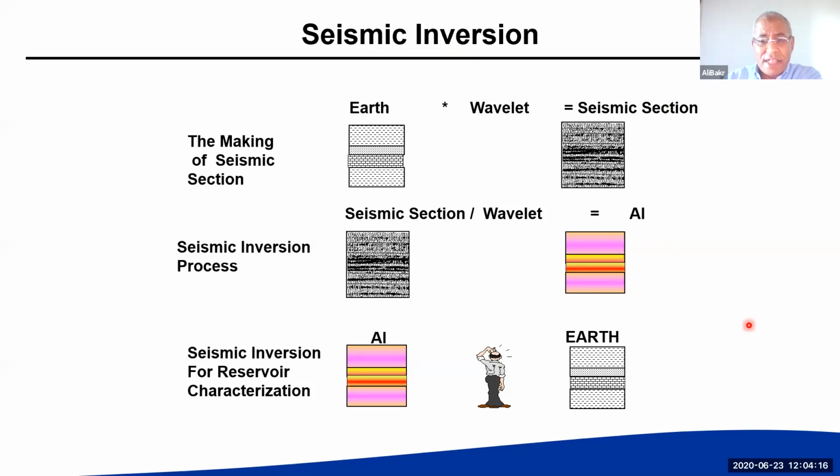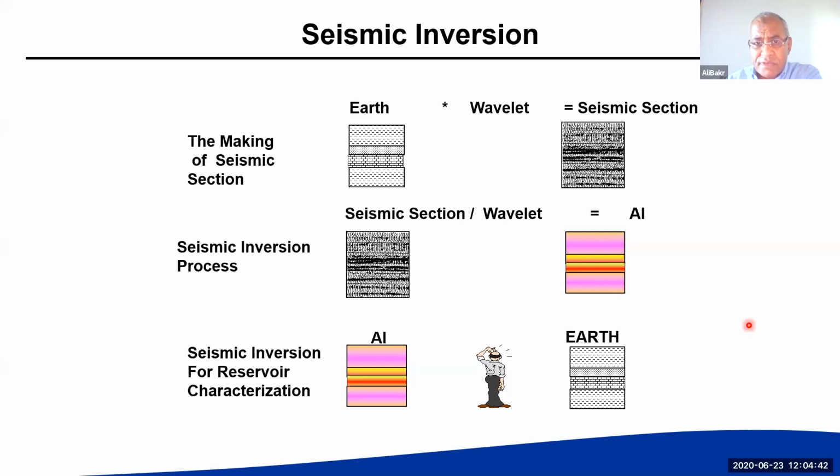And actually, if somebody asked me, do we need to do a seismic inversion for every project? The answer is, if you are doing regional interpretation, maybe you don't. But if you are doing a prospect, then you must. If you are doing a development field, then you must.